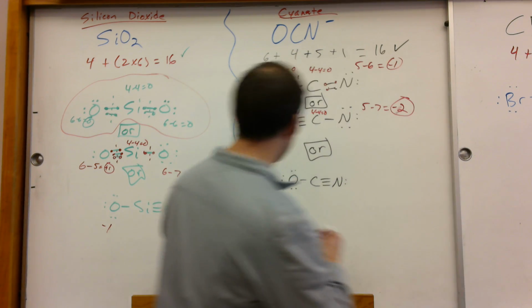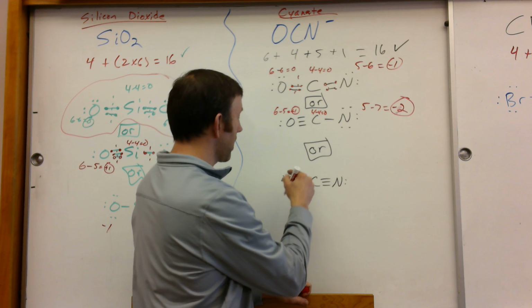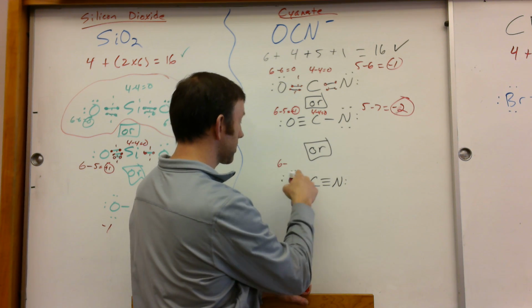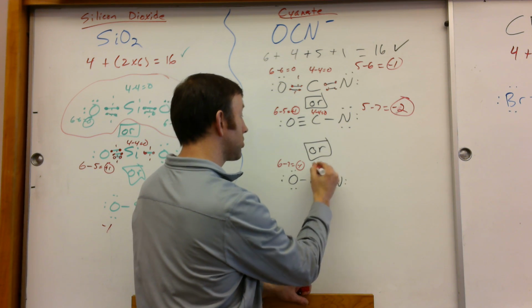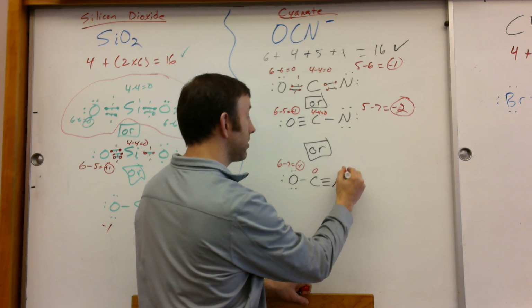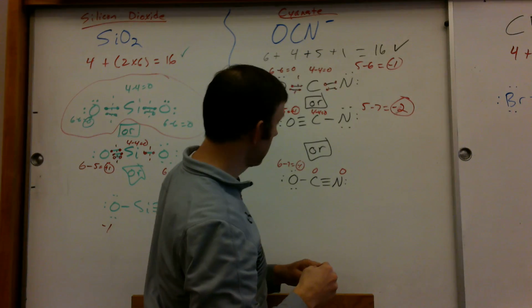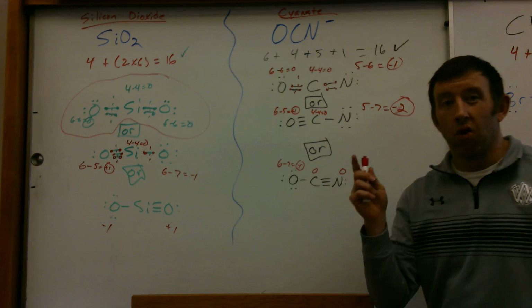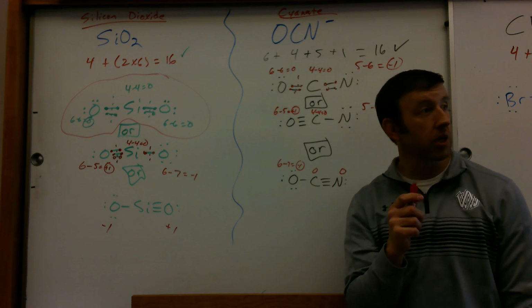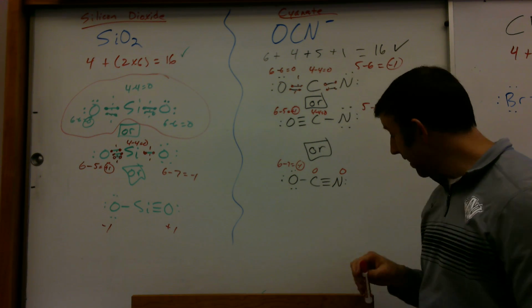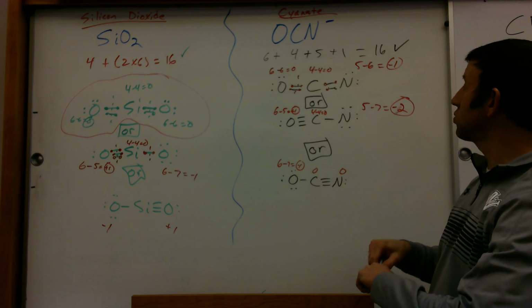All right, so on this oxygen here, we've got 6 minus 7, negative 1, 4 minus 4, 0, 5 minus 5, 0. Okay, so hold on. We did our formal charges, and the formal charges did help us in that we were able to eliminate this guy.